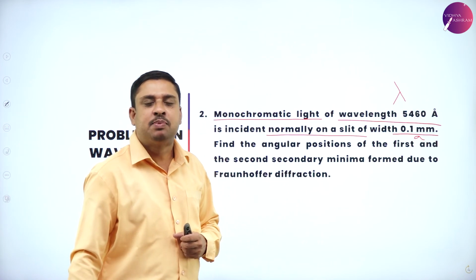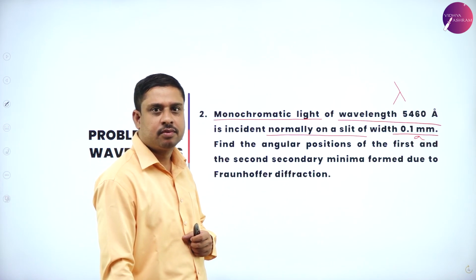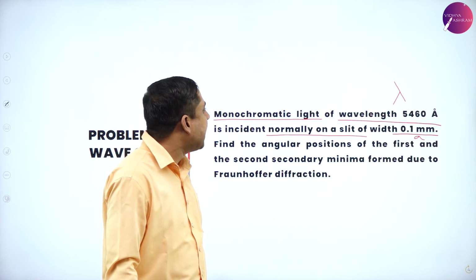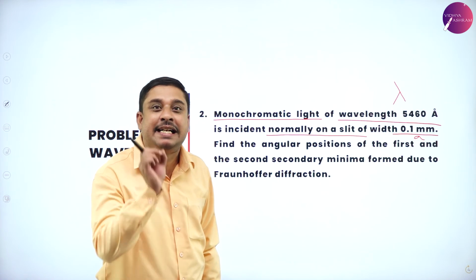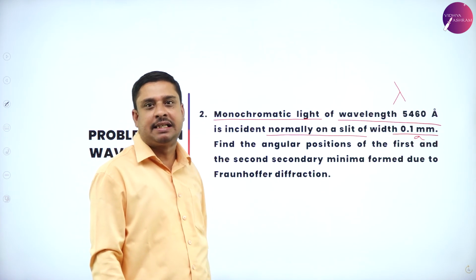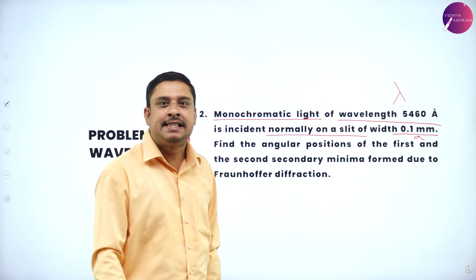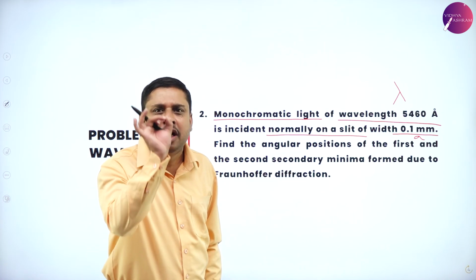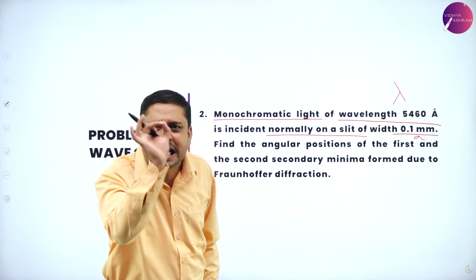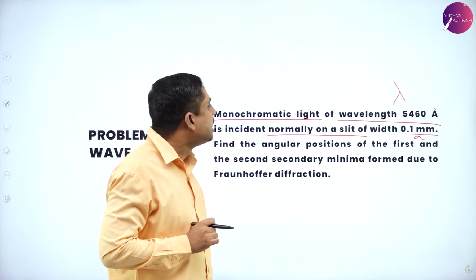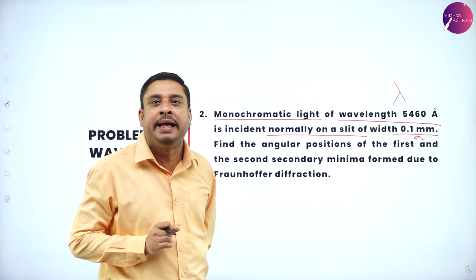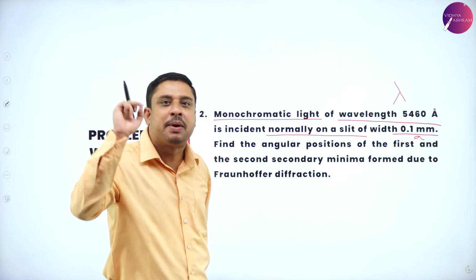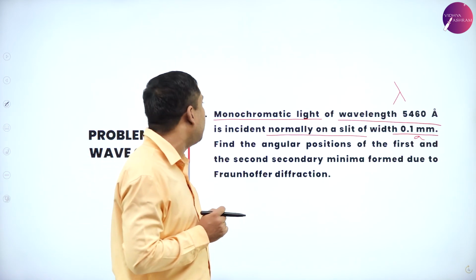If you observe here, we don't say it is the distance between the slits. He says the width of that single slit is 0.1 millimeter, which is represented by small a.